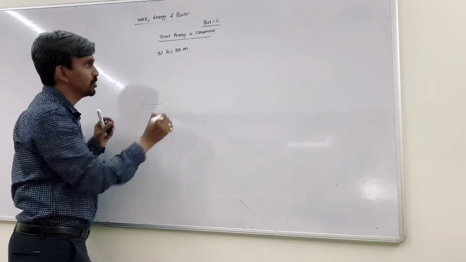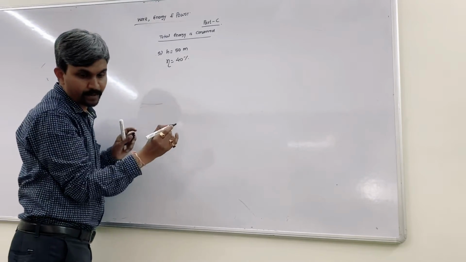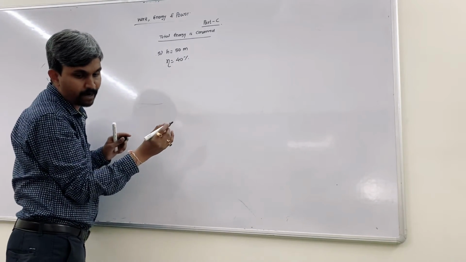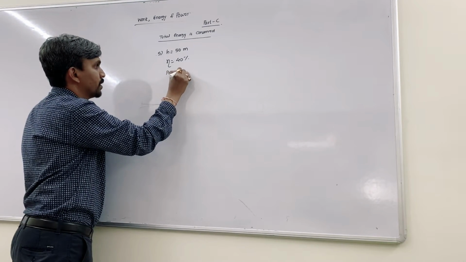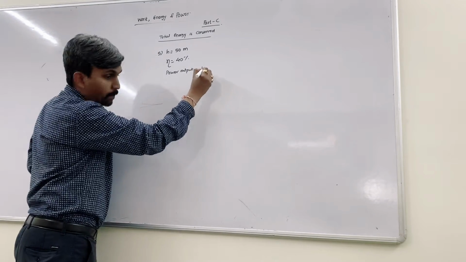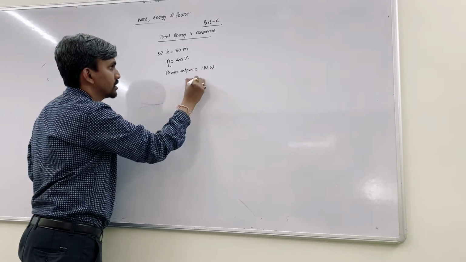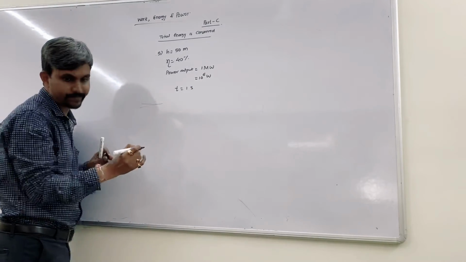Assuming overall efficiency, efficiency is given as 40%. One more thing, power output is given as 1 megawatt, which is 10 raised to 6 watt. In each second, t is equal to 1 second.